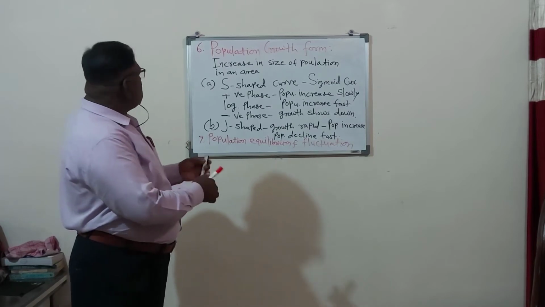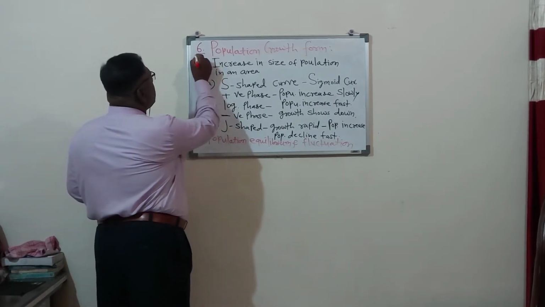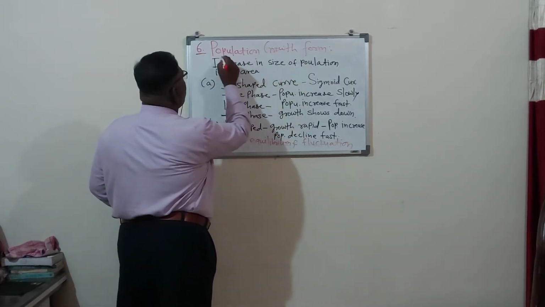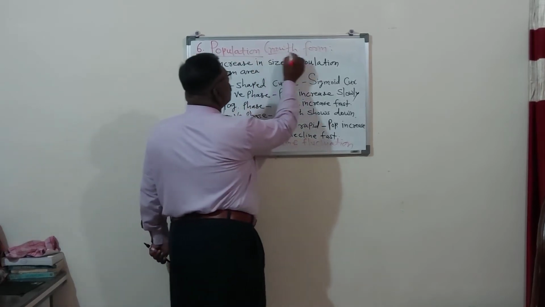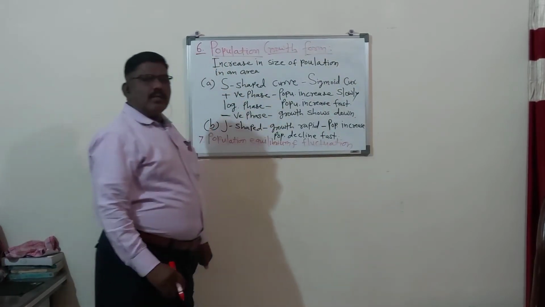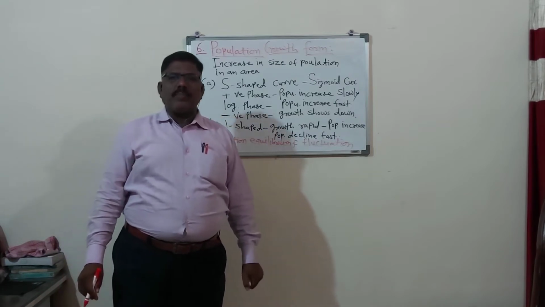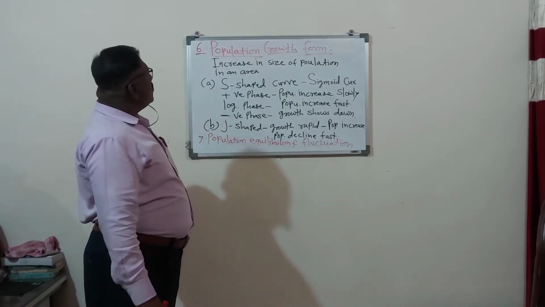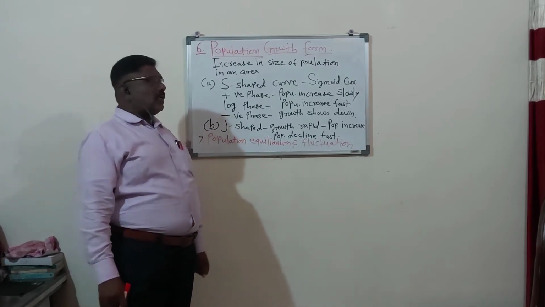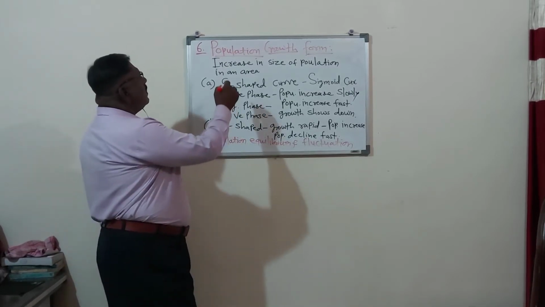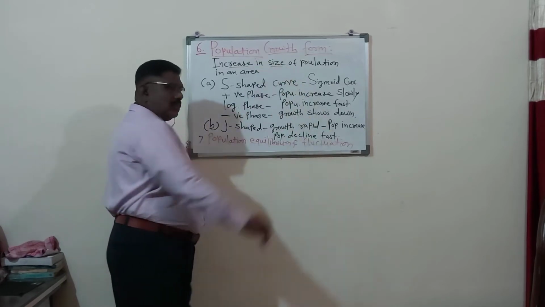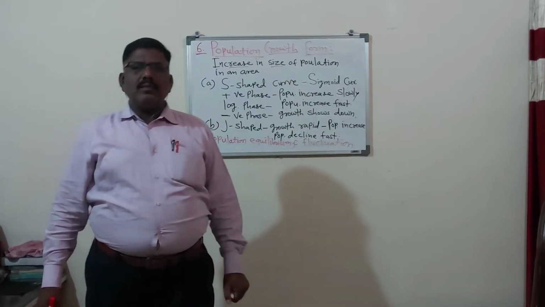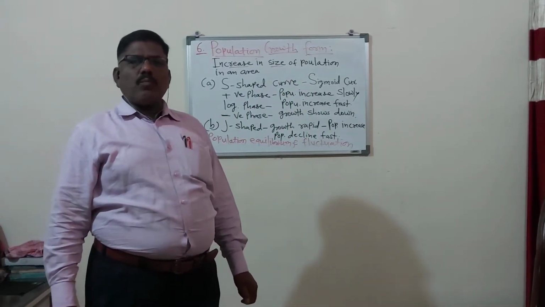The 6th character is the population growth form. Population growth form is a characteristic of a population. In any population, there is an increase in the size of the population.